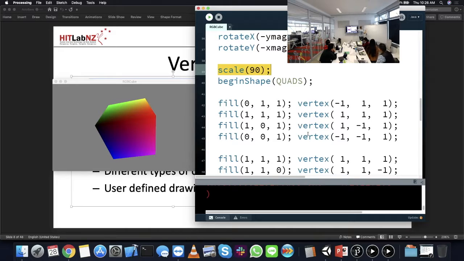Then we're going to go 1, 1, 1, which will be that point. There. Then 1 by -1 by 1, which will be that point there. And then -1 by -1 by 1, which will be that point there. And that will be the back side of our cube.